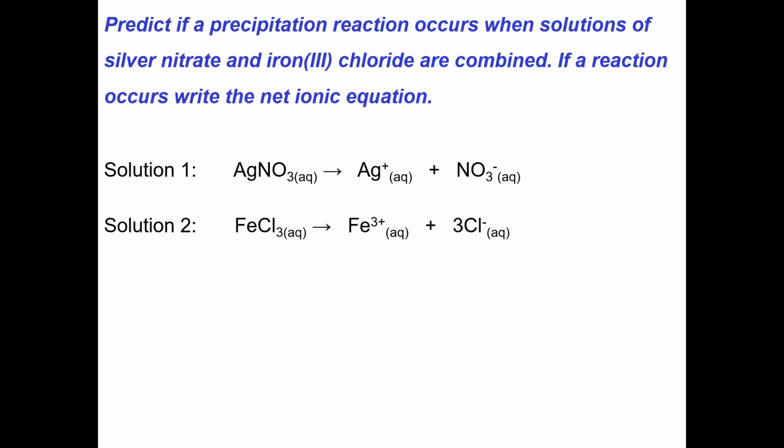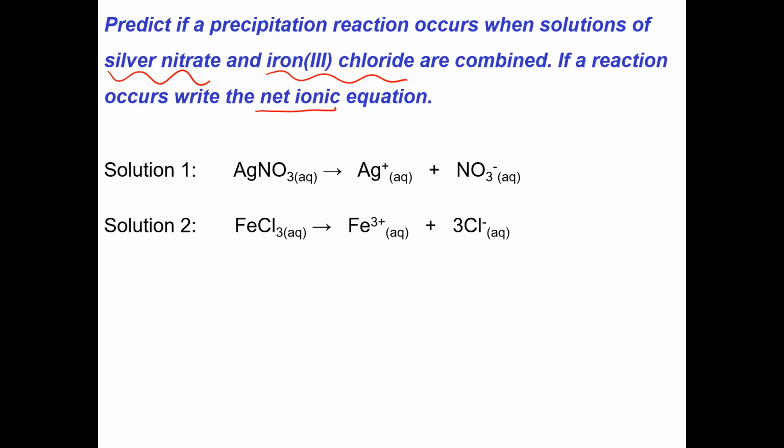So here's a classic question. It says, predict if a precipitation reaction occurs when solutions of silver nitrate and iron(III) chloride are combined. If a reaction occurs, write the net ionic equation.